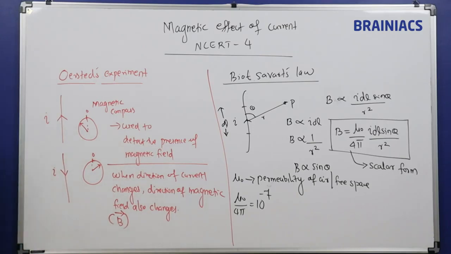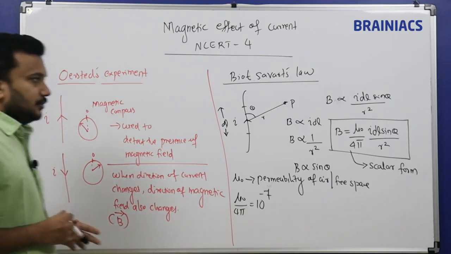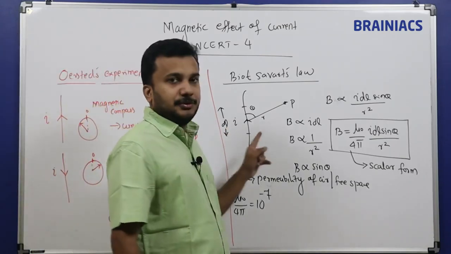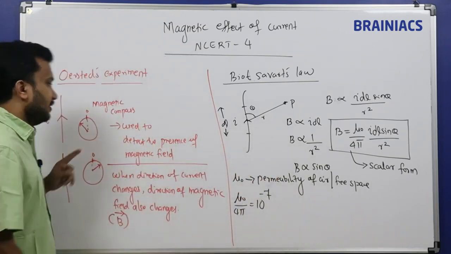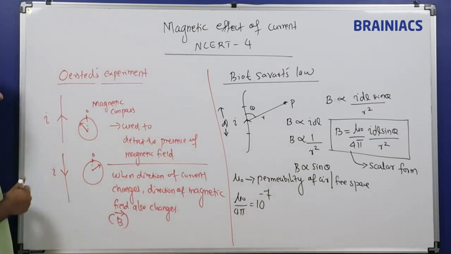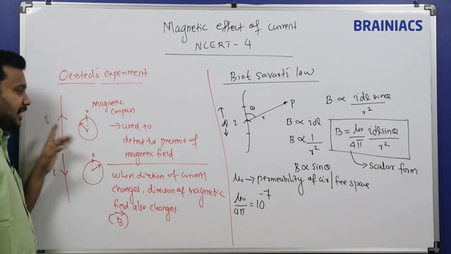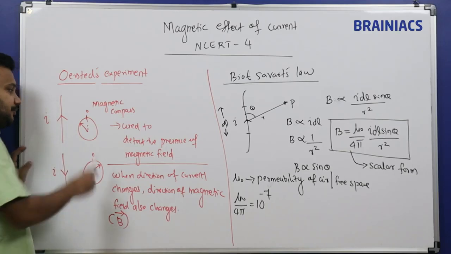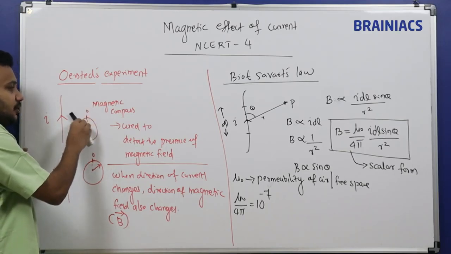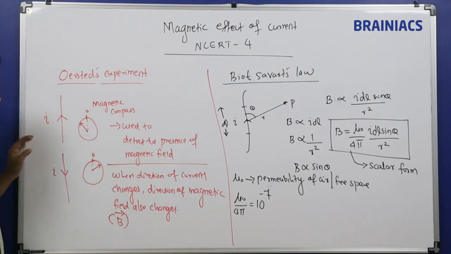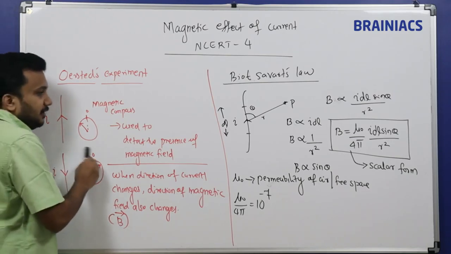Remember these things. So I'll repeat, Biot-Savart's law states the magnetic field produced by a current carrying conductor. Oersted's experiment states that when a current is passing through a wire, a magnetic field is produced. Because of that, the magnetic needle rotates towards the left. Whenever the current direction changes, the magnetic needle moves towards the right.